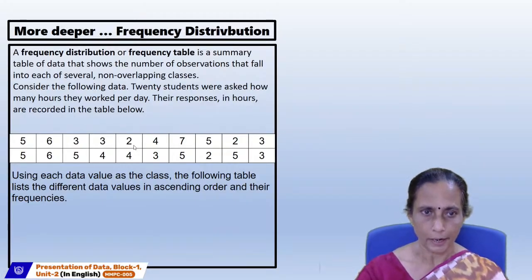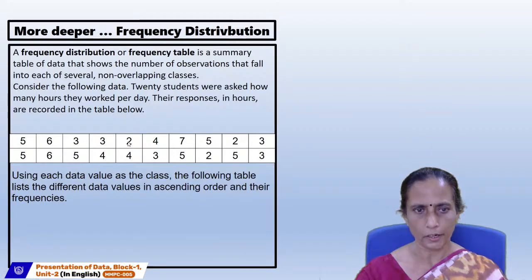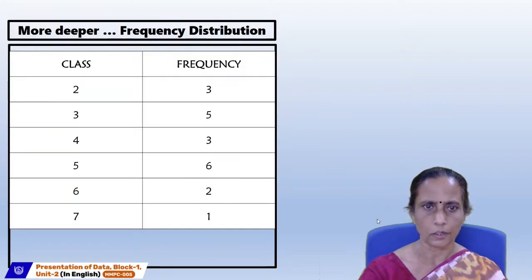So over here I have taken 2. 2 is my minimum number of hours and 7 is my maximum number of hours. The number of students who responded that they are working 2 hours per day are 1, 2 and 3. So over here the frequency is 3 and so on.